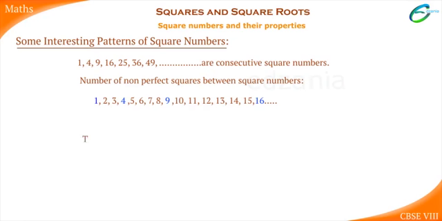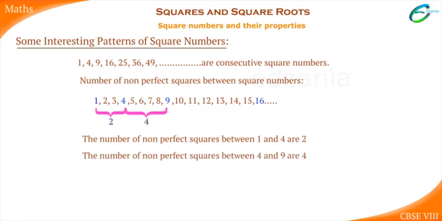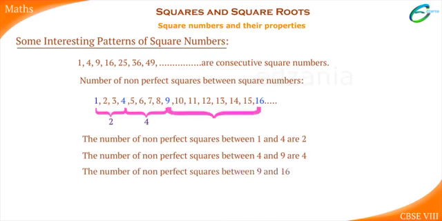Here, how many non-perfect squares are there between 1 and 4? Yes, 2, which are 2 and 3. Similarly, how many non-perfect squares are there between 4 and 9? 4, which are 5, 6, 7, 8. And the number of non-perfect squares between 9 and 16 is 6.